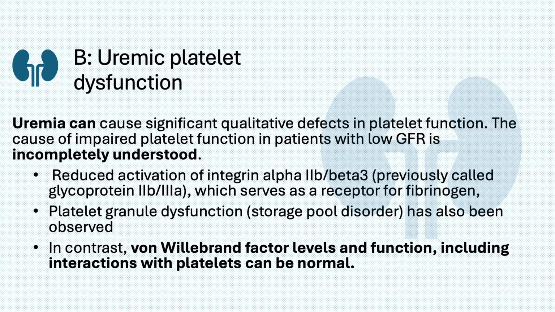The second postulated mechanism includes platelet granular dysfunction. So basically, it's a storage disorder. It has also been observed in patients with significant uremia. In contrast, what is worth remembering is the von Willebrand's factor in patients with uremia may be close to normal. So it's not necessarily significantly reduced depending on the worsening of kidney function.